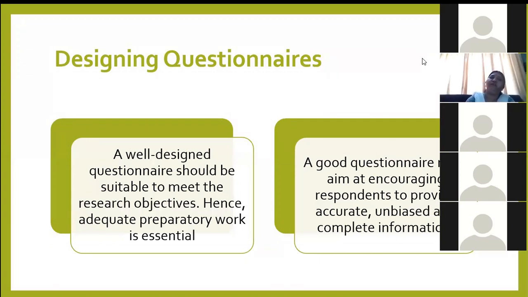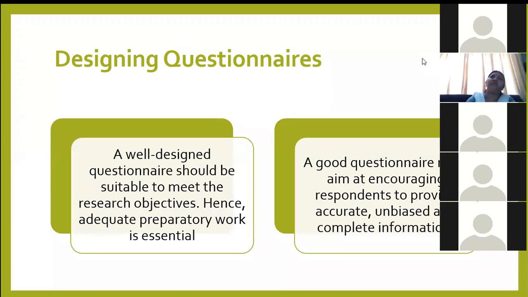So, while designing a questionnaire, we have to remember that a well-designed questionnaire should be suitable to meet the research objectives. So, adequate preparatory work is essential. This is very important.